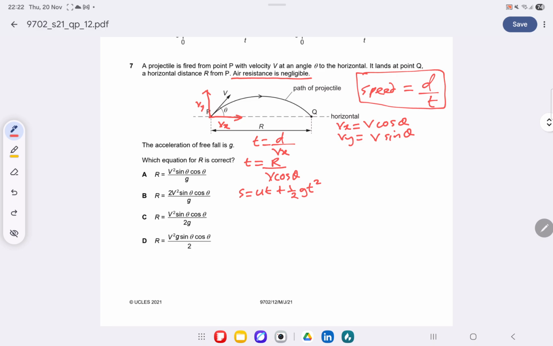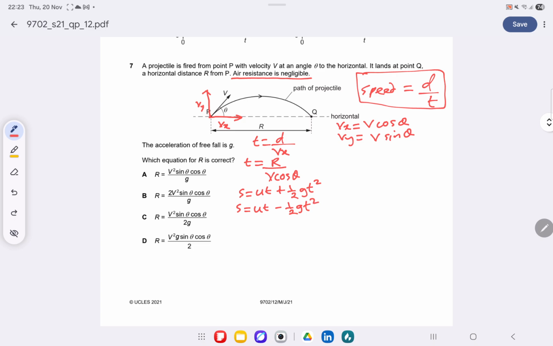Obviously, we are shooting the projectile upward, so our g here becomes negative. So we have s equals ut minus half gt squared.